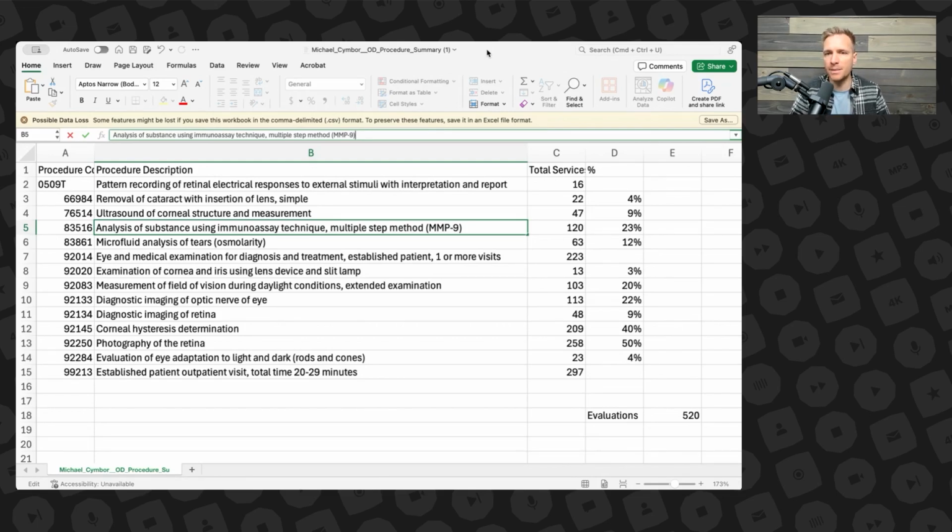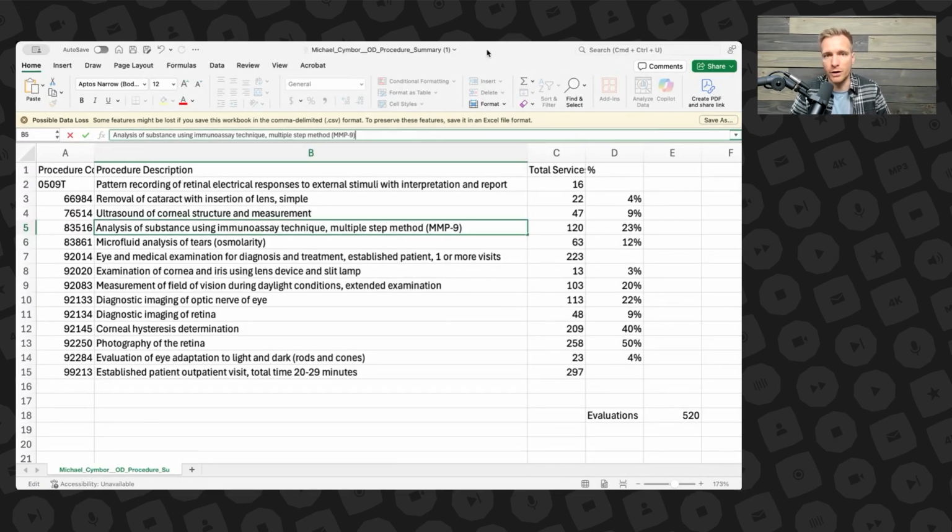Then what about anterior segment disease, right? Is he a dry eye specialist, or is he an ocular disease specialist, as this article tries to subcategorize these other categories? Well, look at his analysis of tear film. He actually uses MMP9s and osmolarity tests. 23% of his 520 office visits get an MMP9 test, or he bills, and that could be double.